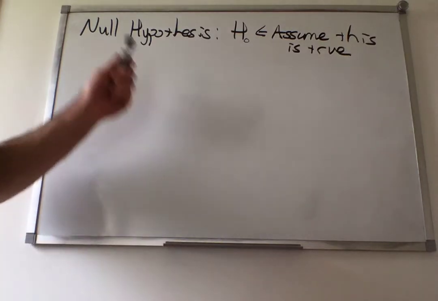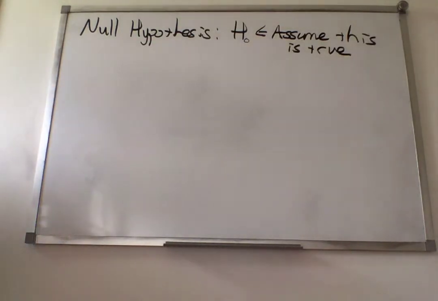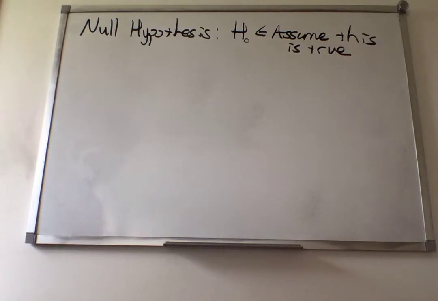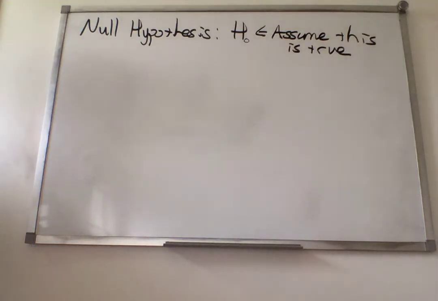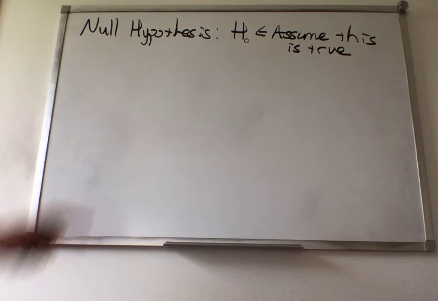Now, our null hypothesis is going to be some statement about the population parameter. So, like my example for the average age of CLC students, I said the average age is less than 22 years old. Okay? So that would be my null hypothesis. It's a statement about a population parameter.